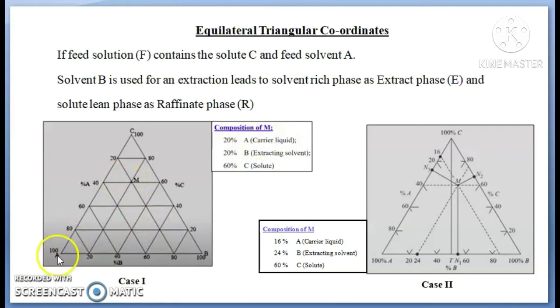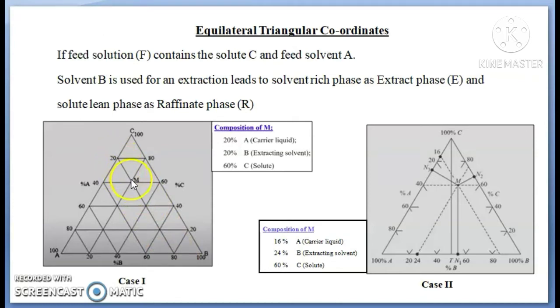If you line this, this is 100%, and this line gives you 80% of A, 60% of A, then it goes on decreasing. This line indicates the decrease in the percentage of A. So this point lies on the 20% A line.